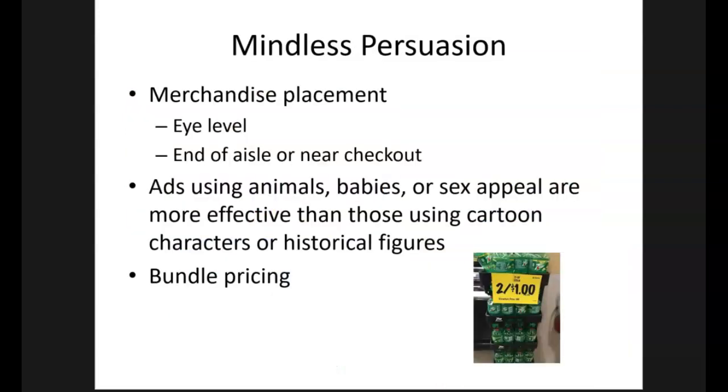Some interesting things about this mindless persuasion that we engage in. Your book doesn't go into these, but I found these statistics to be pretty interesting. One of them is where merchandise is in a store. It feels like forever since I've been to a store, so I'll pay attention to it more the next time I go. But studies show consistently that products that are at eye level are bought consistently more.